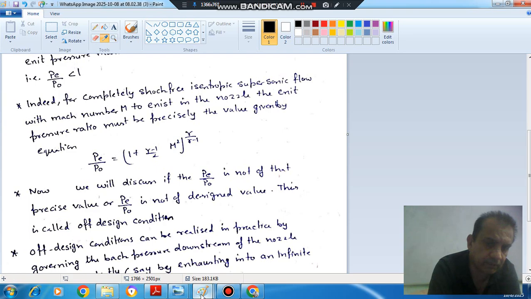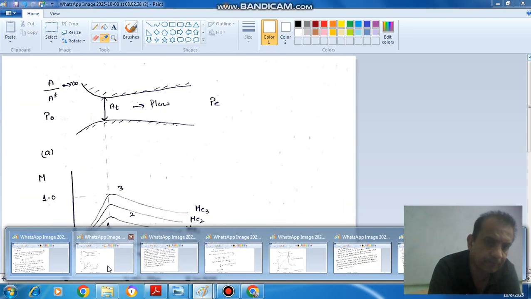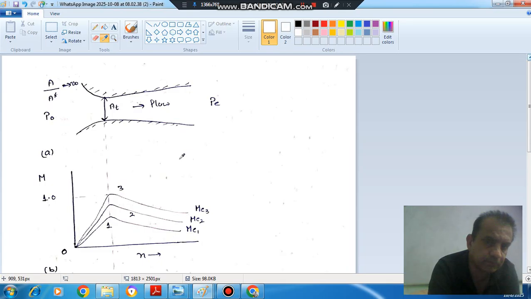Then we studied that if we vary this pressure from this design value to some different value, then we are able to achieve different subsonic Mach numbers, maintaining subsonic condition within the nozzle or within the duct, while maintaining Me1.